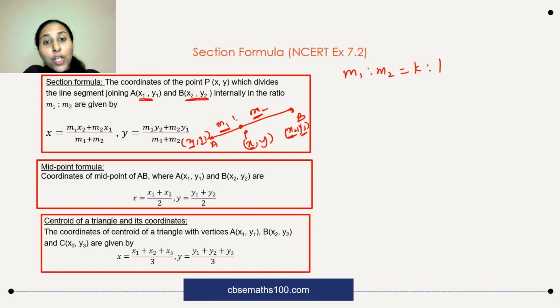Okay, then you will know the y coordinate is 0. If it is given the point is on the y-axis, you will know x coordinate is 0. So if you know the x coordinate, then you will say that x is equal to kx2 plus x1 divided by k plus 1. Rearrange this, you will get the value of k. All right, that is the way you can find out the ratio if you know the x coordinate of the point of internal division.